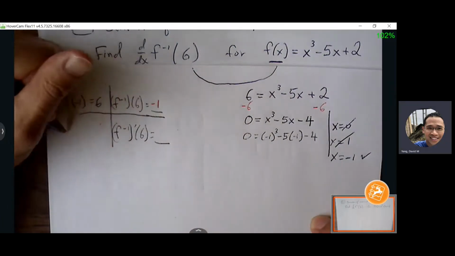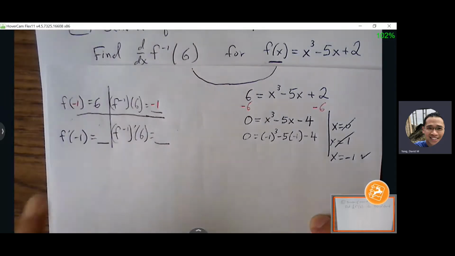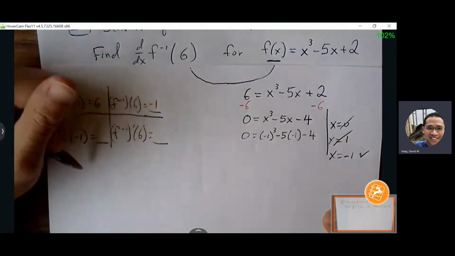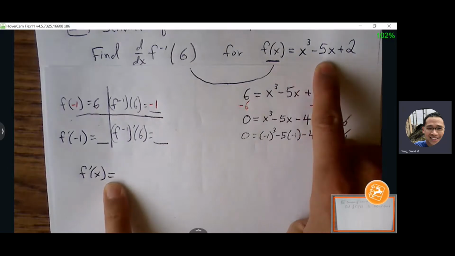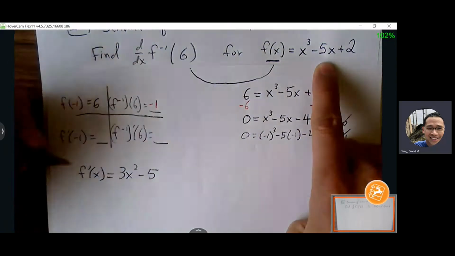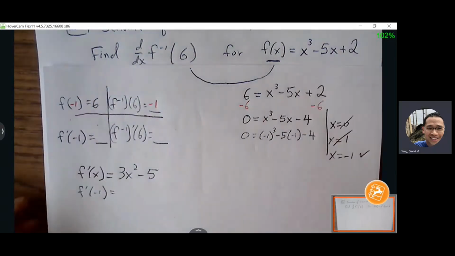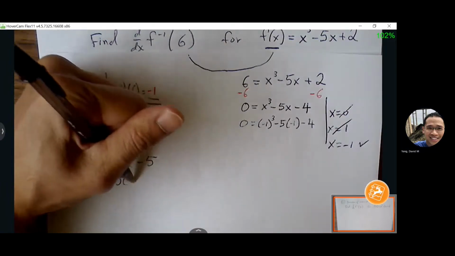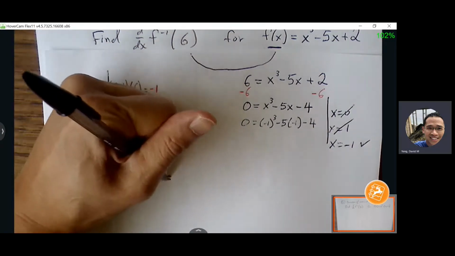Okay, so I need to find f prime of negative 1. To find f prime of negative 1, I first have to find what? The derivative. Okay, so what's the derivative here? F prime of negative 1. What does this get us?